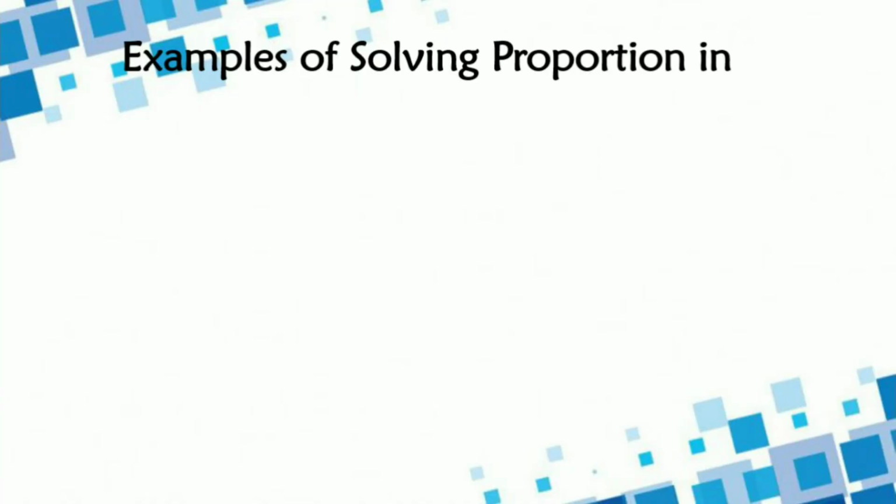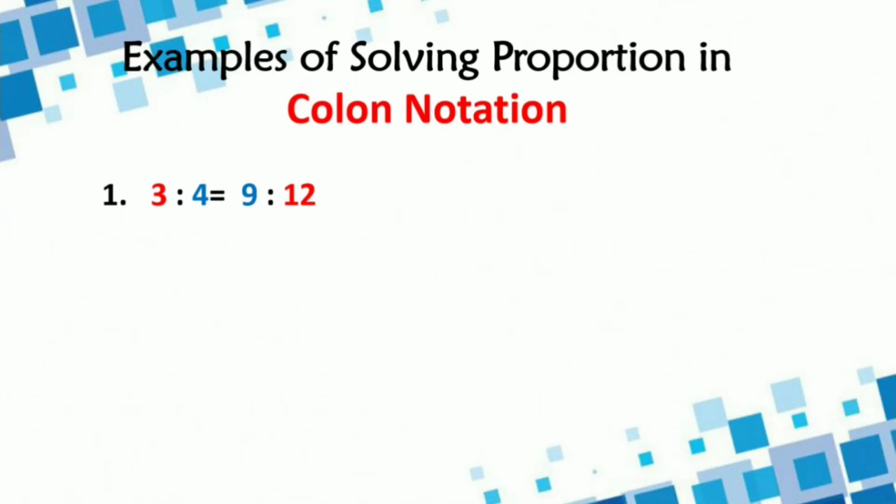We have here, unahin natin, solving proportion in column notation. Number 1, 3:4 is equal to 9:12. Again, in solving proportion na naka-column notation, mumultiply natin yung extreme, yung dalawang dulo, and then imumultiply din natin yung means, yung dalawang nasa loob, and then pag parehas yung kanilang product, means they are proportion.